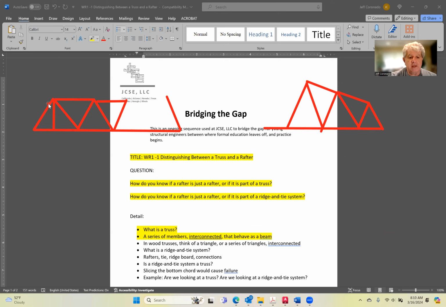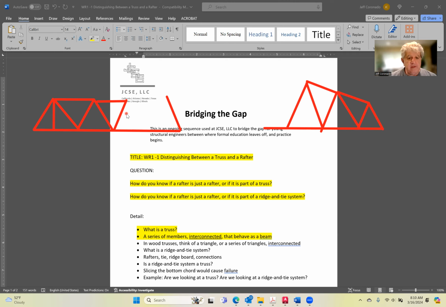The triangular shape. What history has taught us is a strong shape. So it's a series of triangles. Now, keep in mind, again, we're talking about wood, right? In steel, it does apply in general, but there are configurations that don't have to be in a triangular shape.